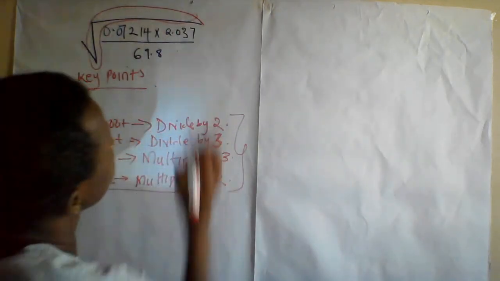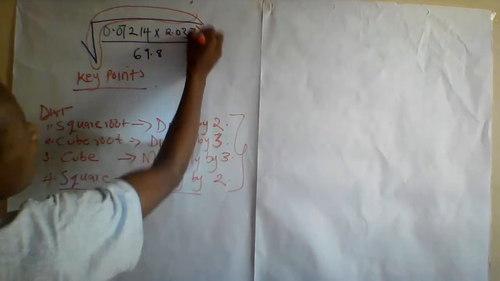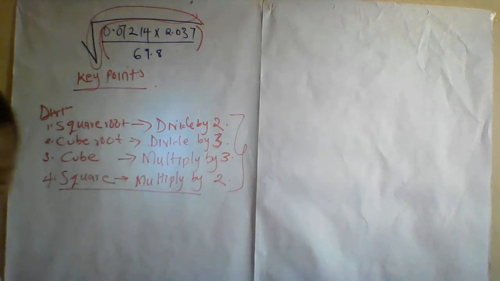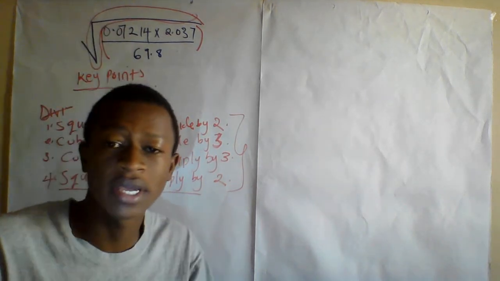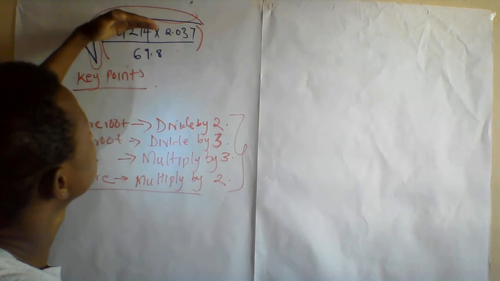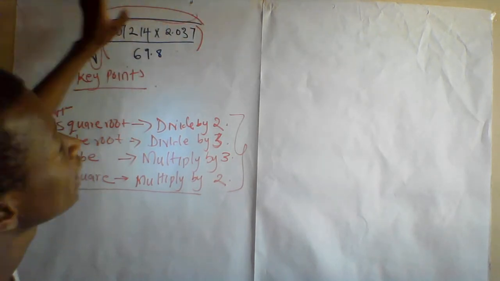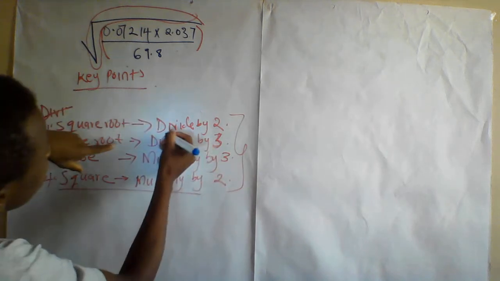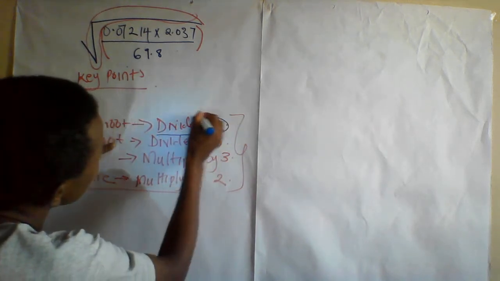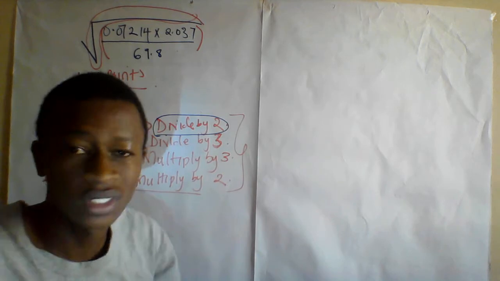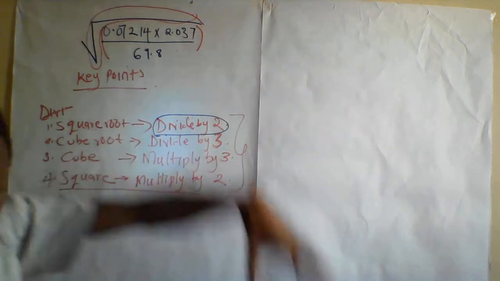For example, we have our square root given there. So after working the figure in the bracket, you just divide by 2 because this is our square root.